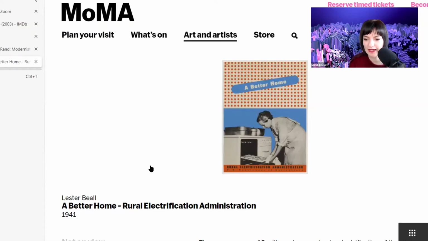So, Rural Electrification Administration, now a better home. So he uses these very simple designs to promote the New Deal.